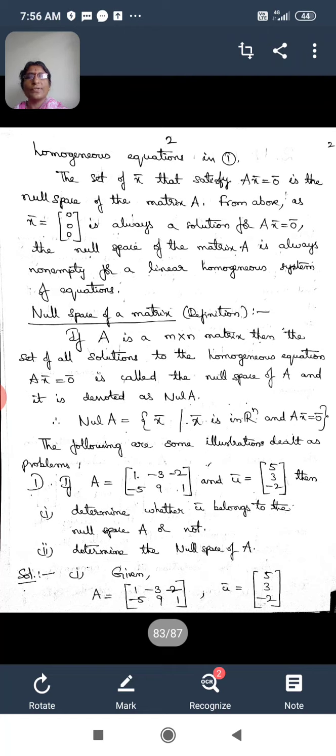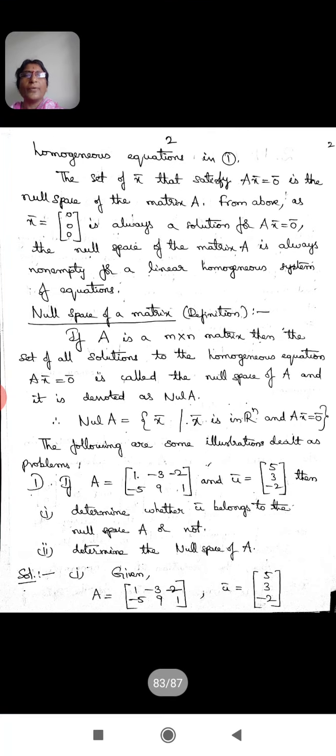This is the matrix equation we are taking, a system of homogeneous linear equations, and the set of solutions of this equation Ax bar is equal to 0 bar is called the null space of A, and it is denoted as null A. Null A is the set of all solutions of the equation Ax bar is equal to 0 bar.